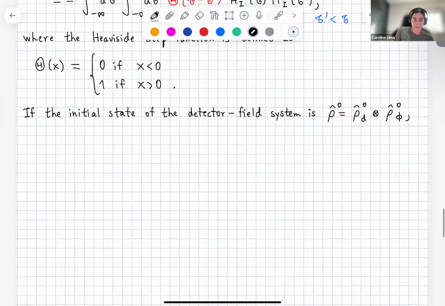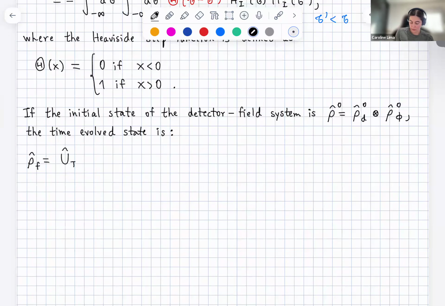So what is going to be the time evolved state? The final state is simply U_I times the initial state, times U_I dagger.